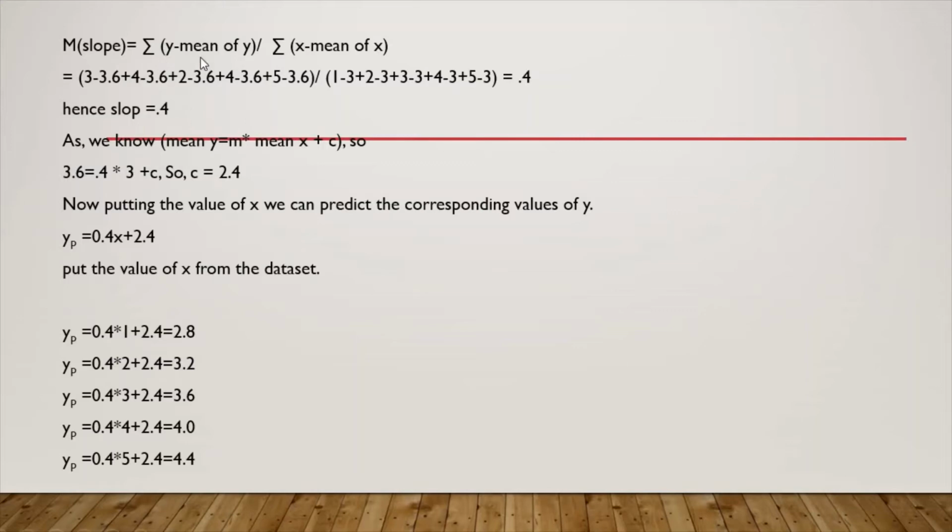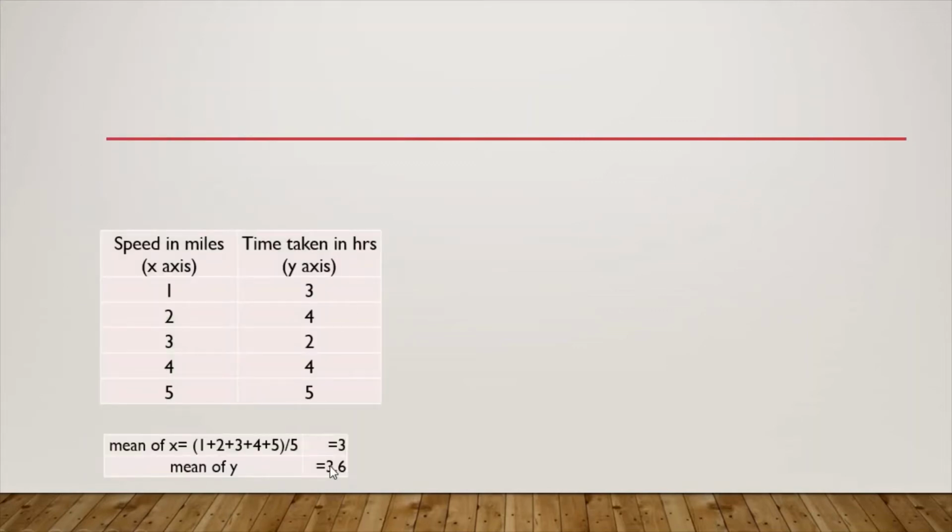To calculate the slope, we can use the existing formula: summation of y minus mean of y, divided by summation of x minus mean of x. Here the mean of y we calculated previously is 3.6, and this is the value of y.